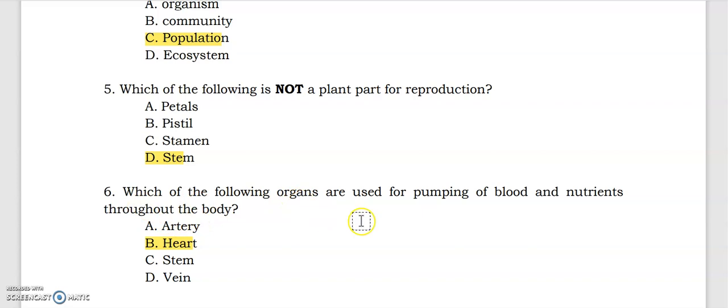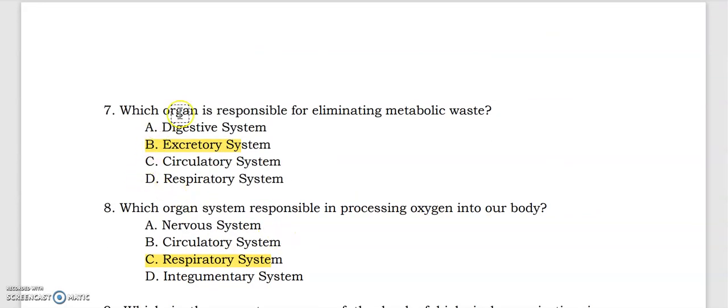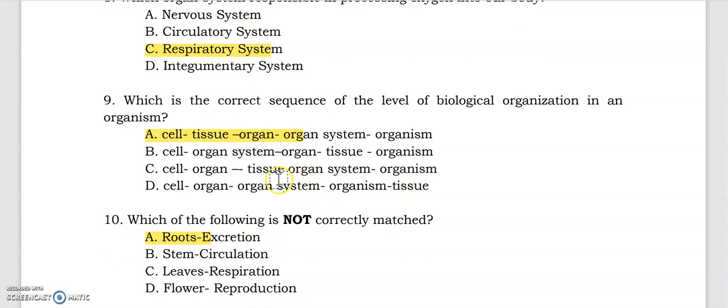Number 6, which of the following organs are used for pumping of blood and nutrients throughout the body? It's the heart, letter B. Number 7, which organ is responsible for eliminating metabolic waste? It's the excretory system, letter B. Number 8, which organ system is responsible for processing oxygen into our body? It's letter C, respiratory system.